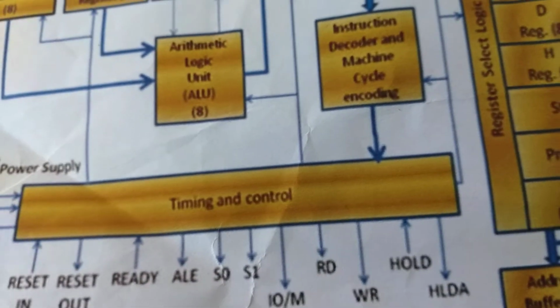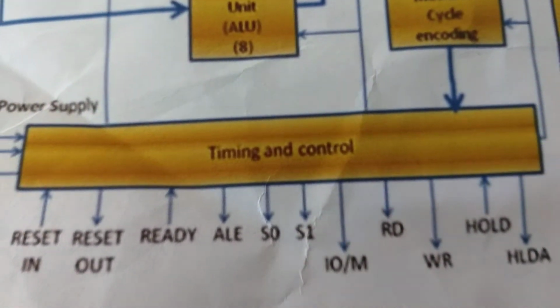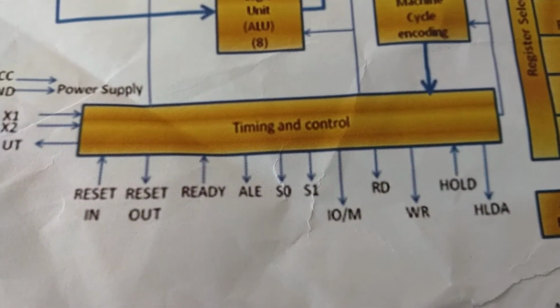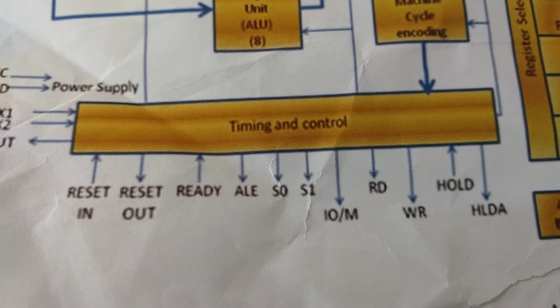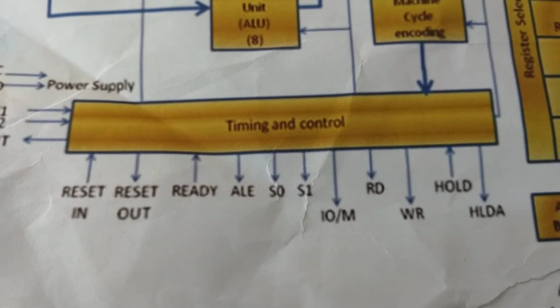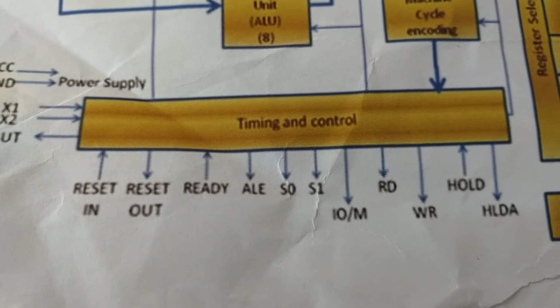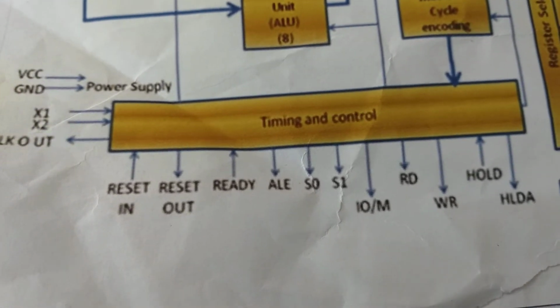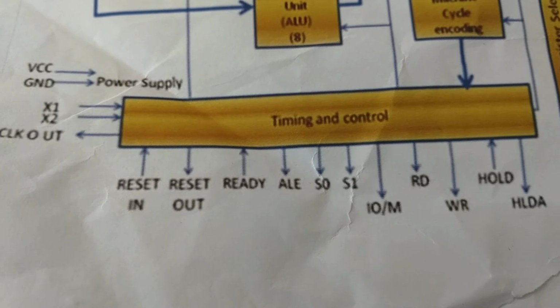Then it will be passed through the timing and control unit. What is this timing and control unit? It is nothing but the unit that understands the time taken by the instruction for execution of any instruction.